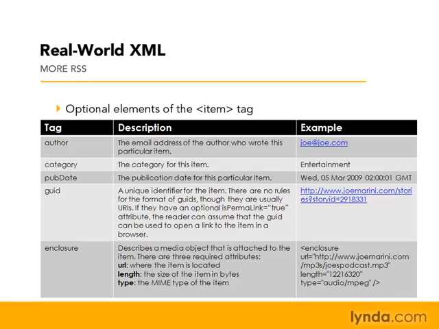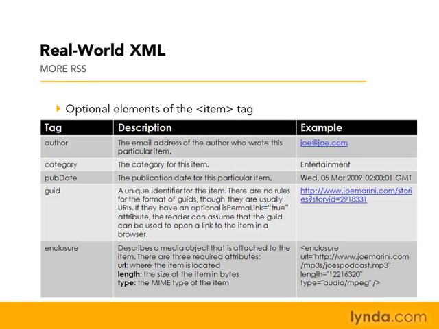You can use any one of a number of schemes, though they usually take the form of URIs or URLs. If they have an optional attribute named isPermalink equals true, then the feed reader can assume that the GUID can be used to open a link to the item in the browser.